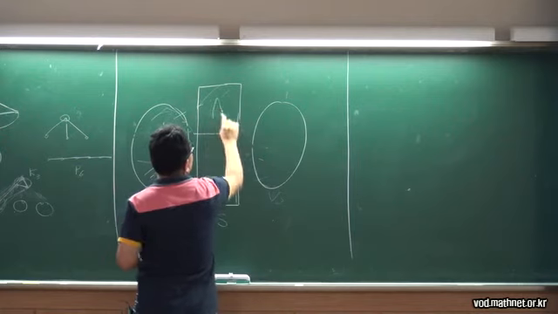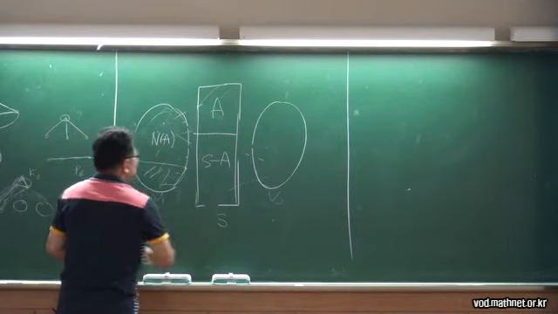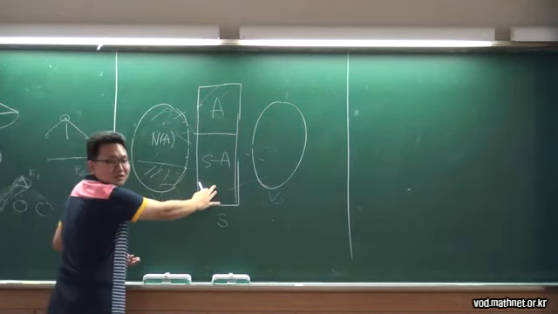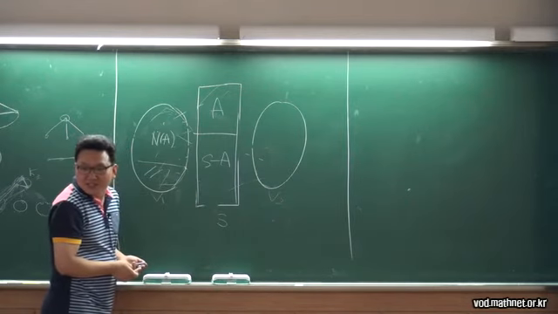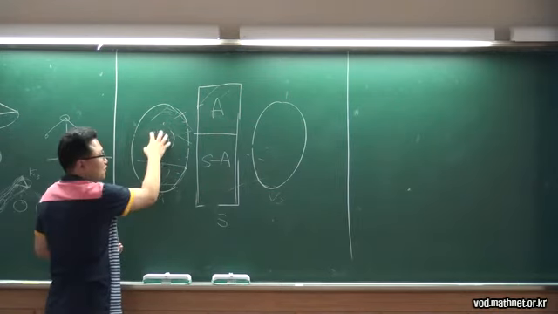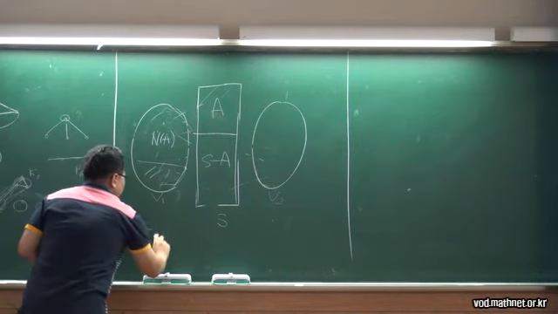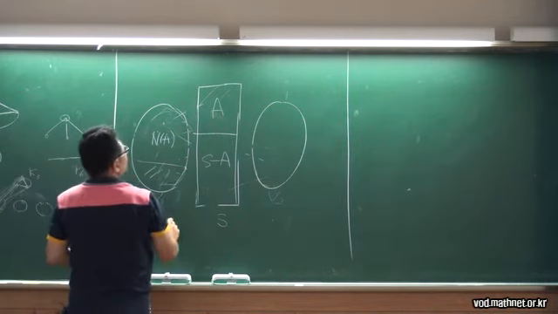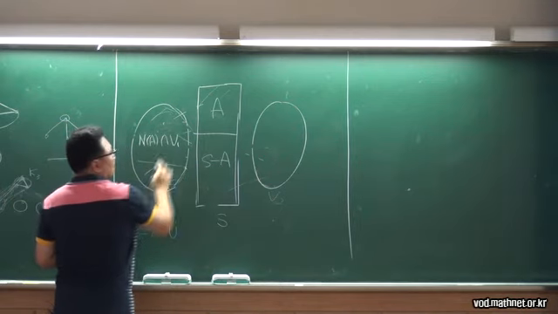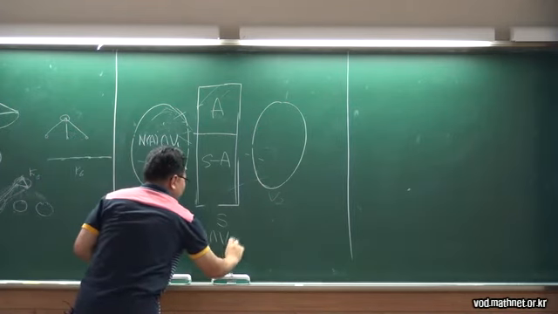And now this part is just A, and this is S minus A, right? Then this one and this one together is also a separating set, because this has no neighbor in here, right? So together those two are a separating set. So S minus A union N(A) intersection with V sub 1.